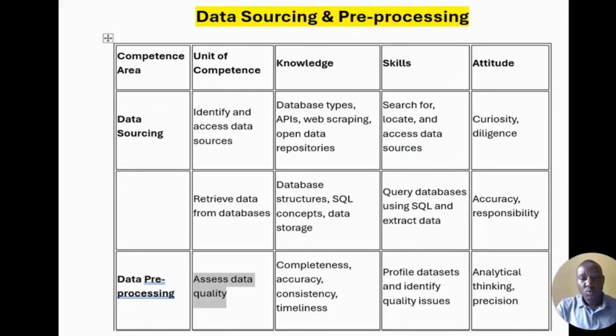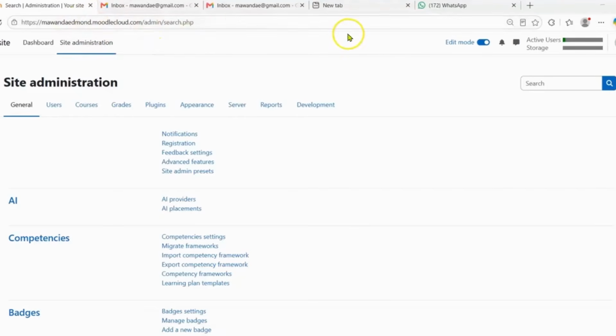So straight away, let us go to Moodle Learning Management Systems, and we see how we can do this. Okay, now I am using a test environment. This is not our real college learning management system.